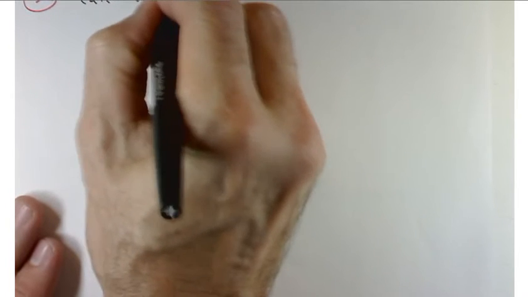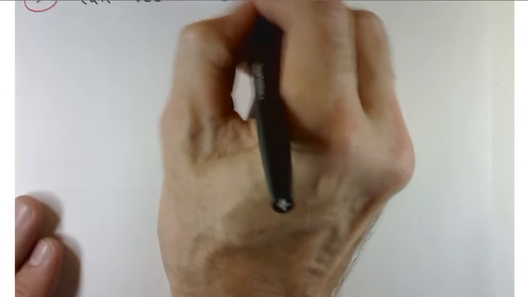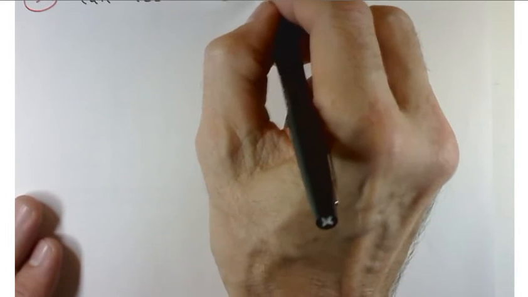Tangent squared of theta times cosine squared of theta plus cotangent squared of theta times sine squared of theta equals 1.